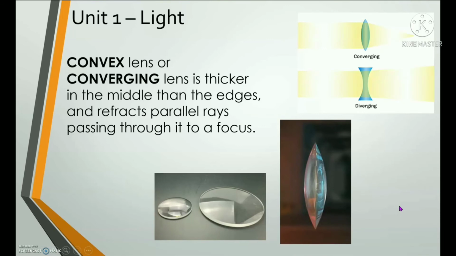Now let's talk about the convex lens. Everybody repeat after me. Convex lens or converging lens is thicker in the middle than the edges and refracts parallel rays passing through it to a focus.